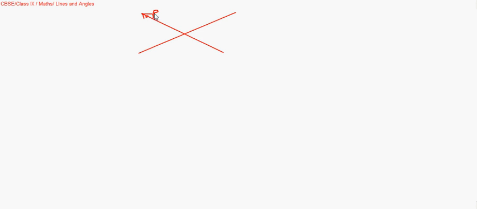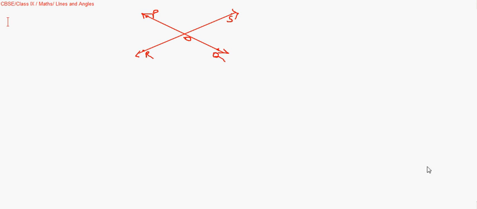This is P. The point of intersection is O. This is Q. This is S. This is R. In this figure, it says the line PQ and RS intersect each other at the point O, and that's quite visible as well.